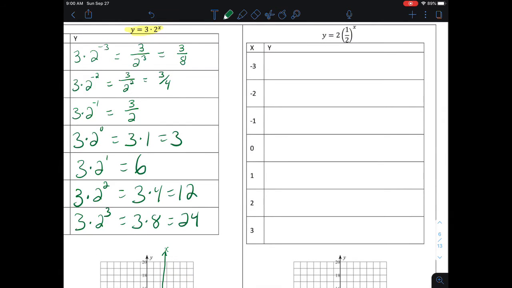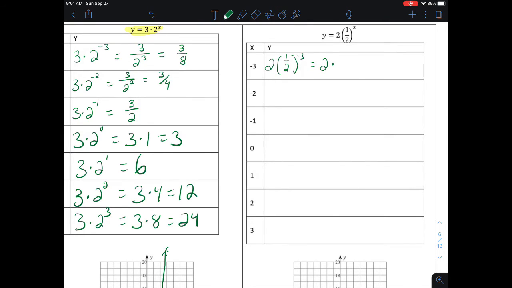So here in this next one, I want to get some points to fill in a table for y equals 2 times 1/2 to the x power. We're doing the same coordinates that we have. So we'll start with -3. So I got 2 times 1/2 to the -3rd power. All right, well, 1/2 to the -3rd power is the same thing.